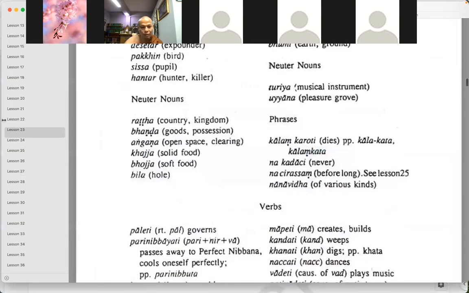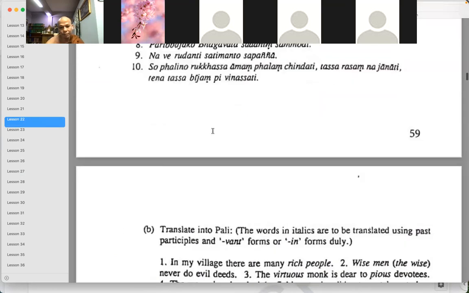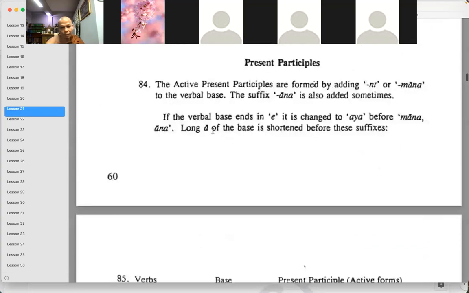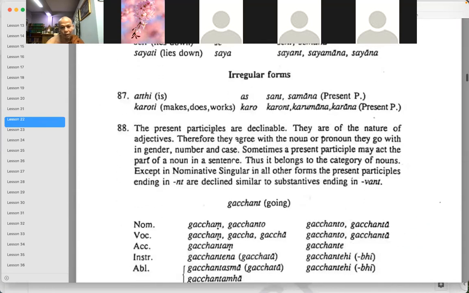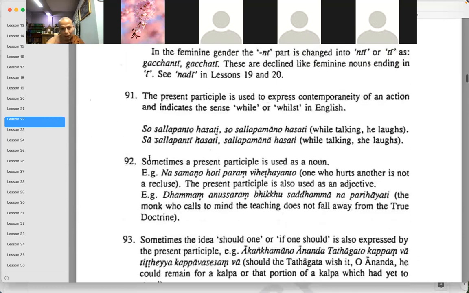Actually, the usage of the present participle is in lesson 22. Under lesson 22, here note 91 and 92 and then 93. So in note 91, the present participle is used in one sense.